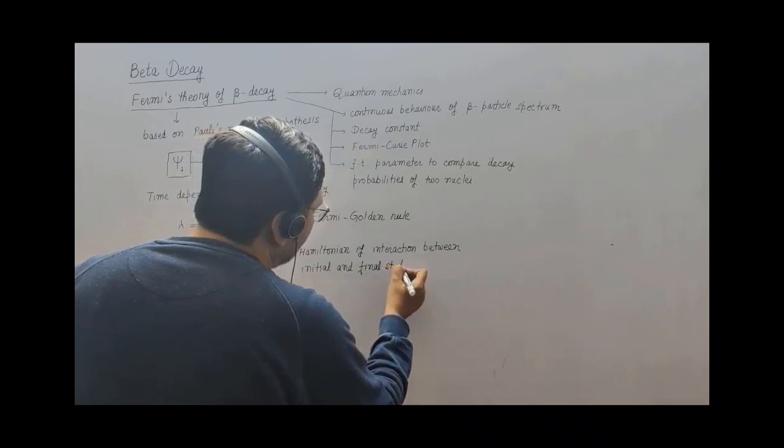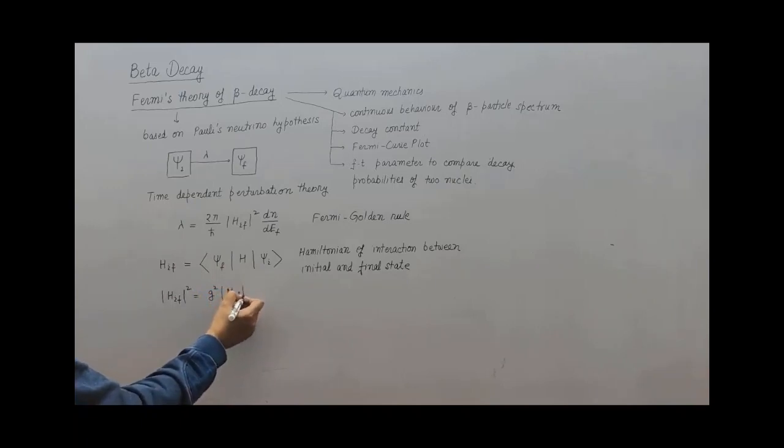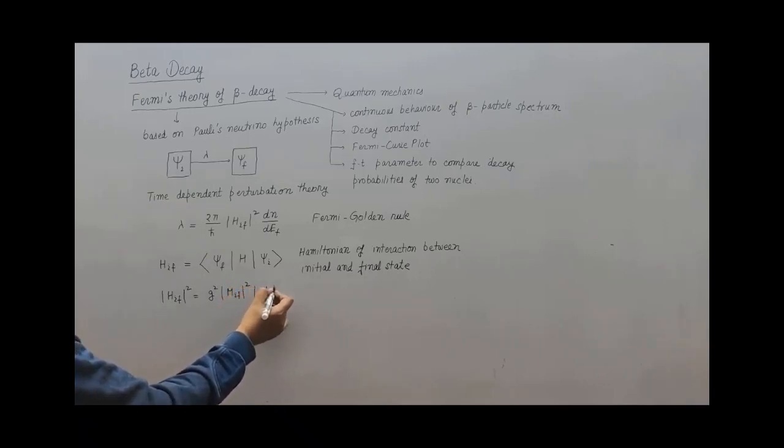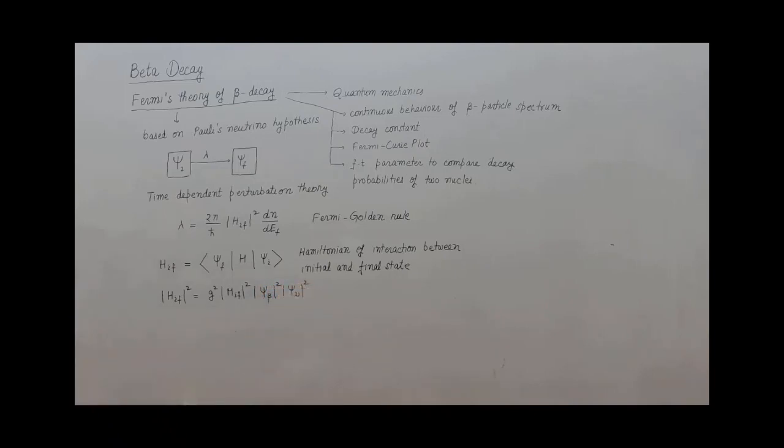If you calculate the square of the modulus of HIF, it comes out to be G square MIF square, psi beta square and psi nu square, where this G square represents the coupling constant for weak interaction.